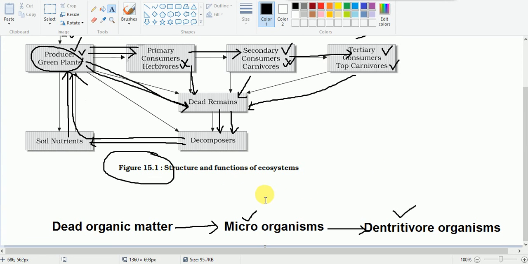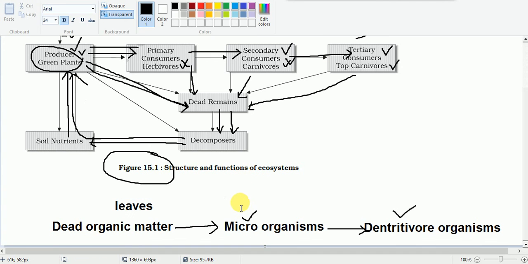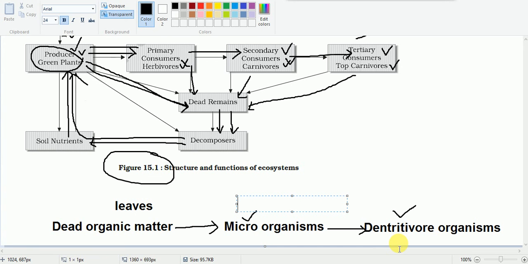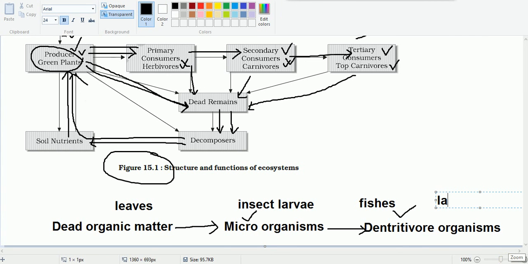Say for example leaves, and then insect larva, and then these pieces, then after this these larger predators also there.